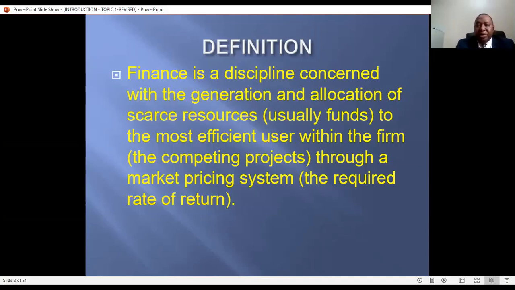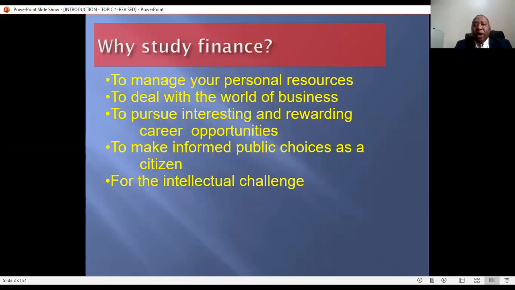But before I look at each one of these, let me look at two slides that I want to discuss. One is why study finance. Why do people study finance? I've listed 5 bullets there. One is to manage your personal resources.